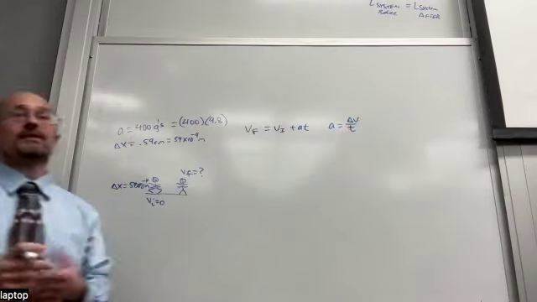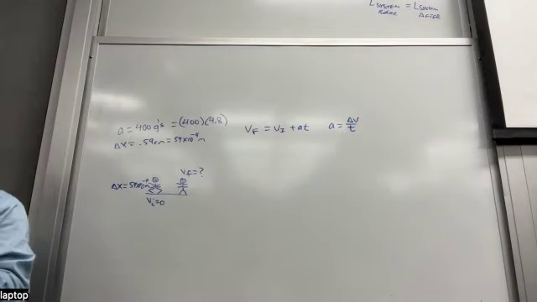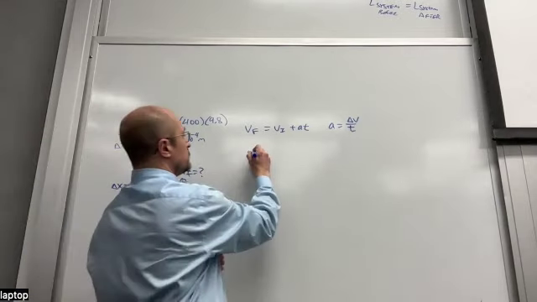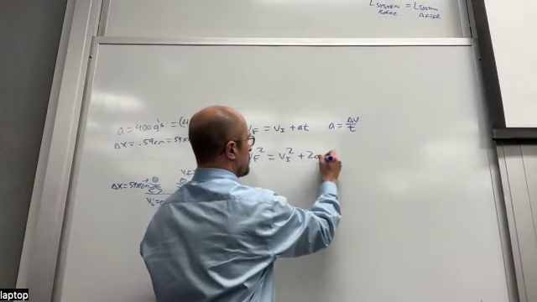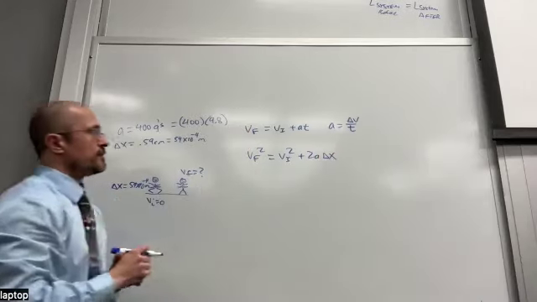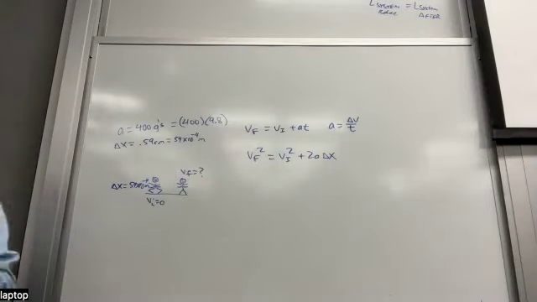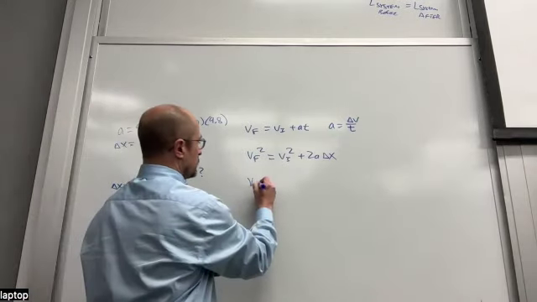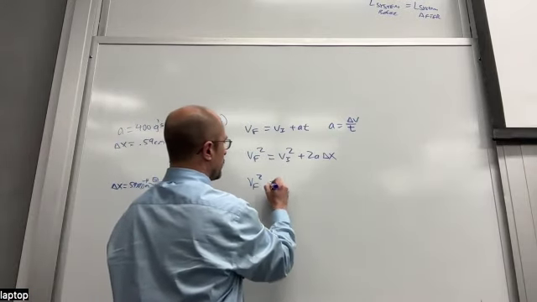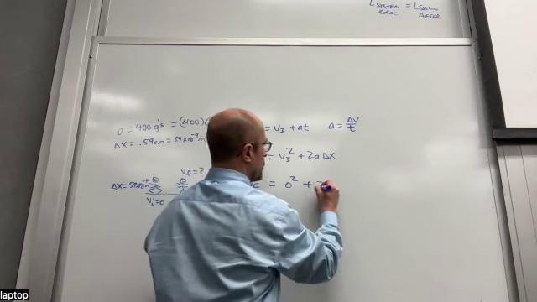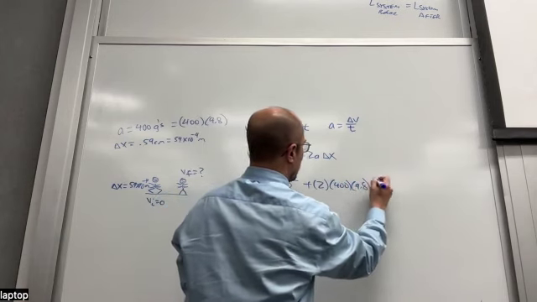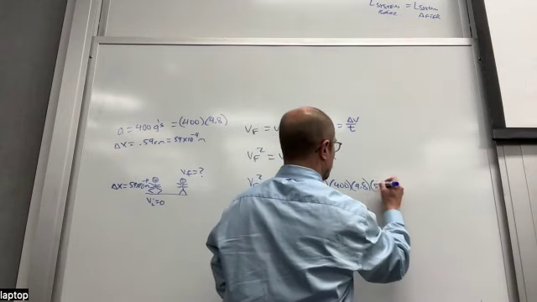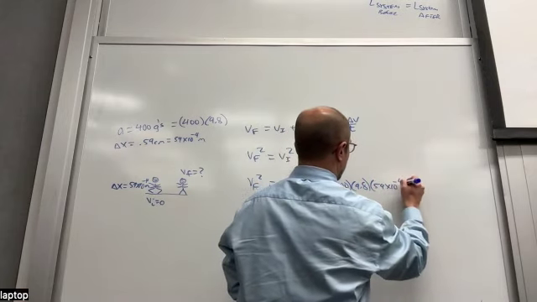But notice they didn't give you a time. So when you're not given time, you need to switch over to your time independent equation. Now you can solve for V final directly. So V final, the speed he leaves the ground with, squared is equal to 0 squared plus 2 times 400 times 9.8 times 59 times 10 to the minus 4.